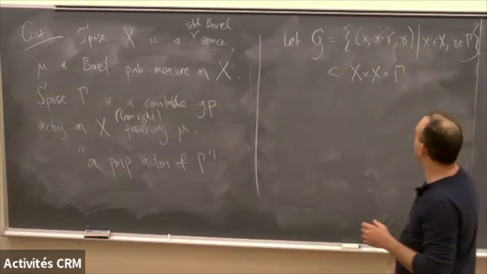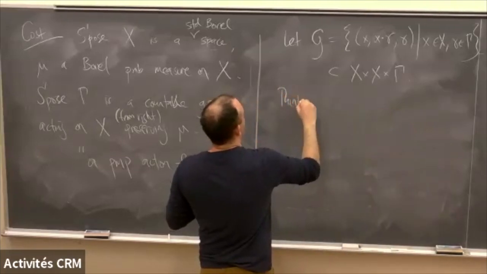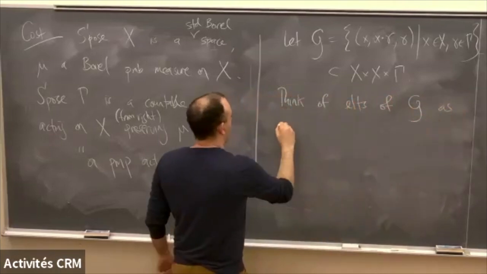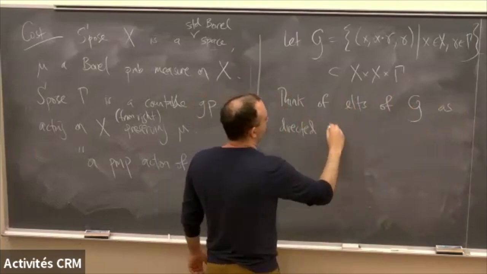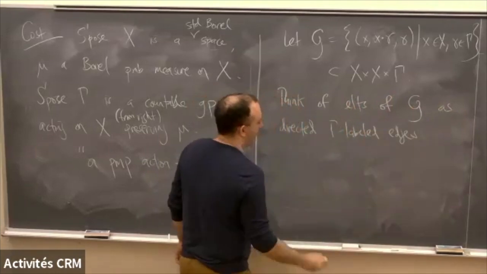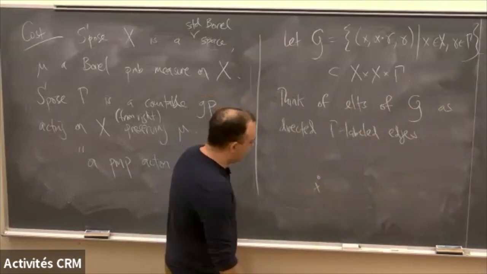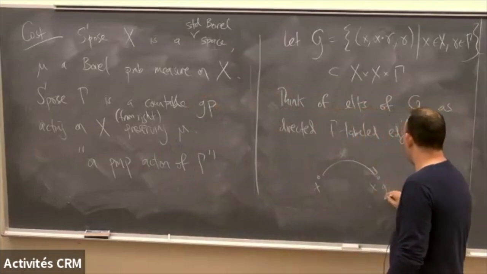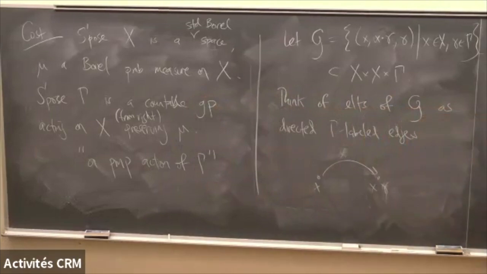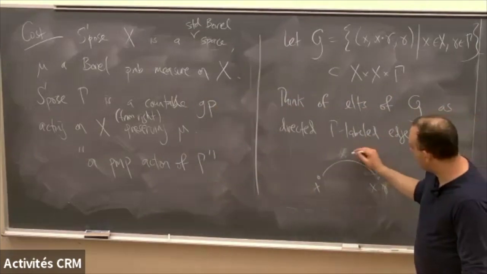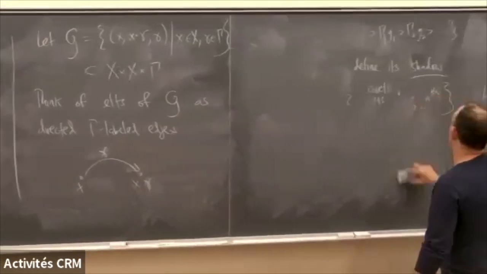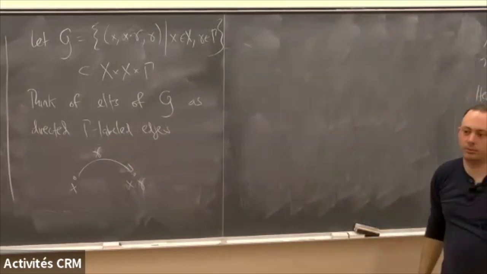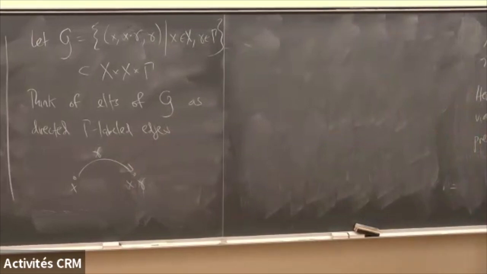Let's think of elements of G as directed, Gamma-labeled edges, where I have a point x, and then I have this directed edge that goes from that to x·gamma, and the label here is gamma, because I want to keep track of some additional structure. Maybe you'll see in a little bit.